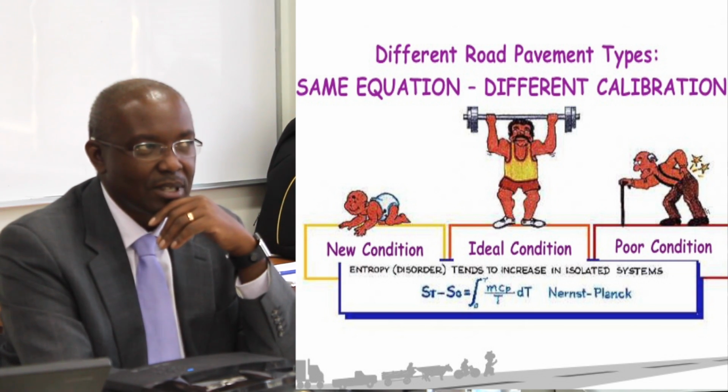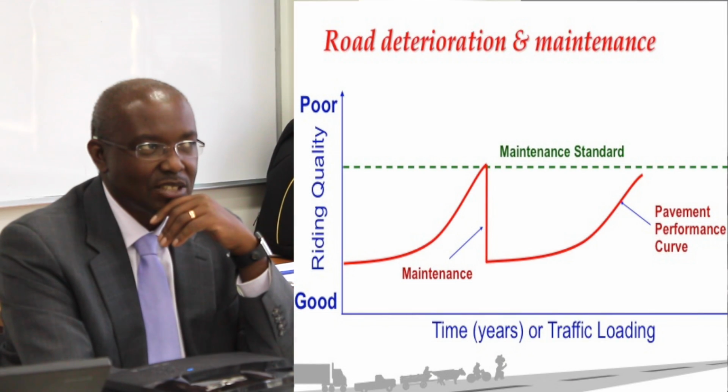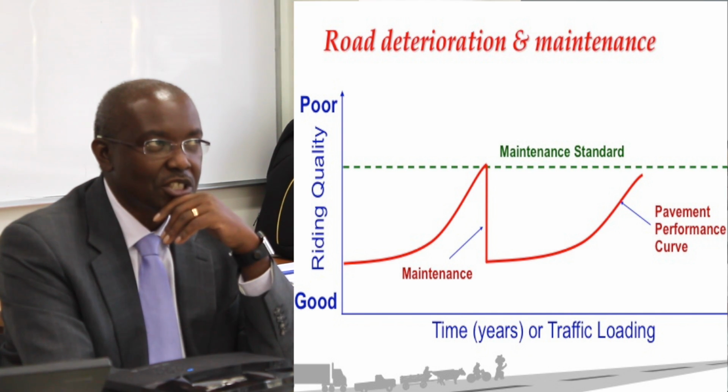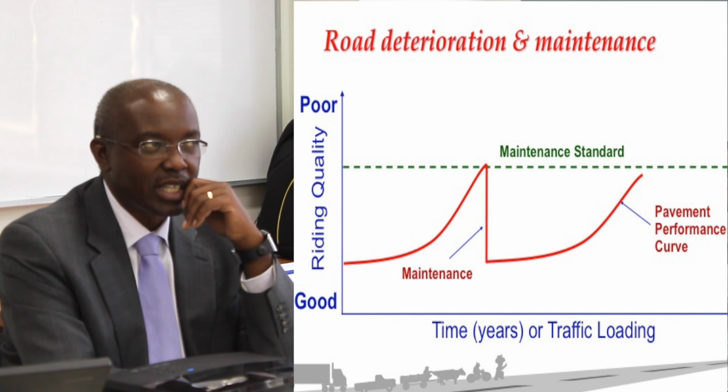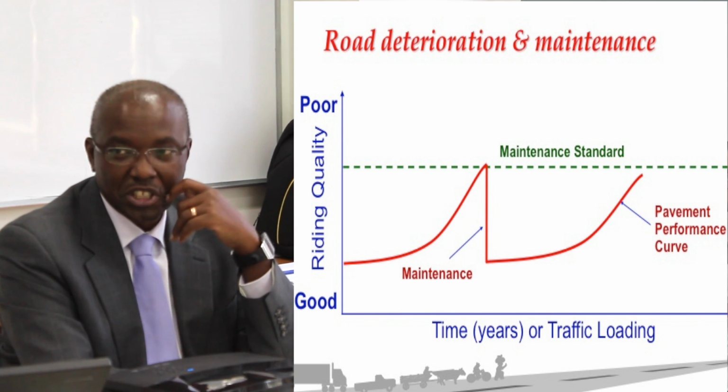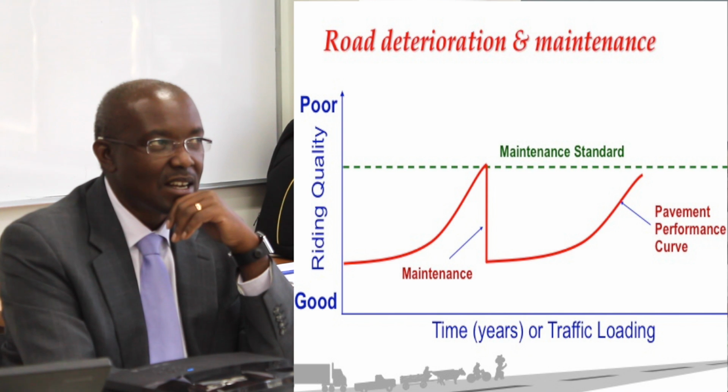You have a road that starts off in good condition. Let's say condition is measured in terms of riding quality. A low riding quality means it's in good condition. As you apply traffic with time, riding quality gets poorer and poorer. Note, as you go up, it gets poorer.